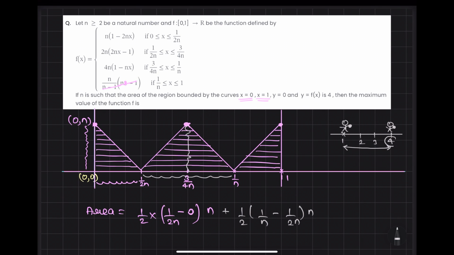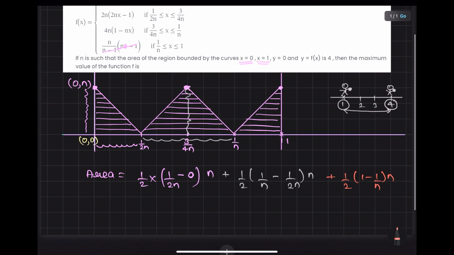What you did? You did final minus initial. 4 minus 1 and things are done. You got your base. Okay. Now the area for the final part is half. Base is what? 1 minus 1 by n into height is n, and things are done.